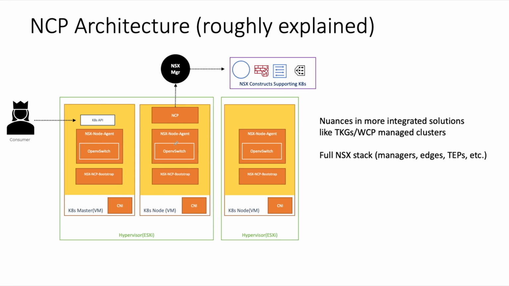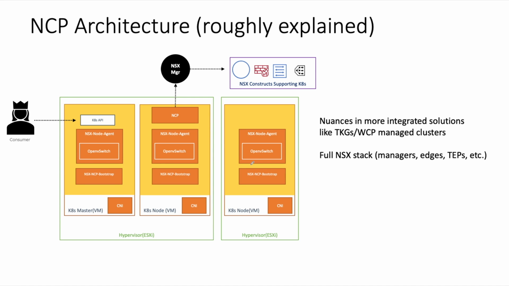And then where necessary, it's going to execute locally inside the pod with the NSX node agent, but then it's also, under some circumstances, going to proxy configurations into the NSX manager and then translate that into NSX objects, such as tier one gateways, load balancers, firewall rules, etc.